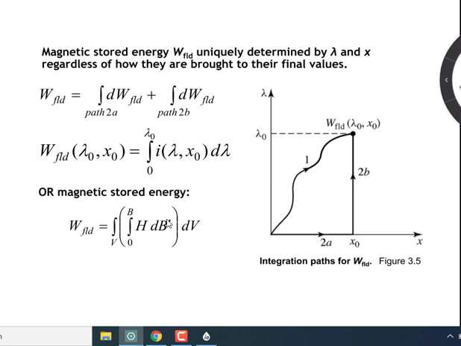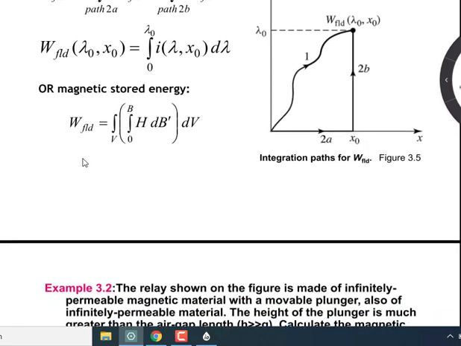We have to consider that it is a lossless and totally conservative system, because if the system is not conservative in nature, then the energy expenditure will become a function of the path chosen by you. But for a lossless or conservative system, it is only the terminal points that determine the energy, not the path you have chosen to reach from point 1 to point 2.